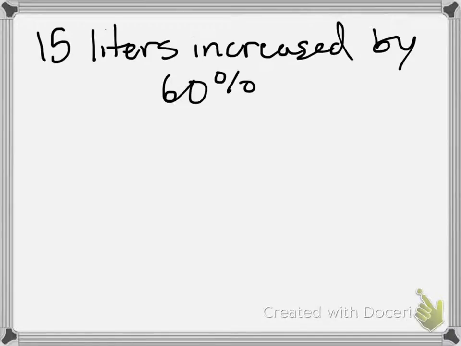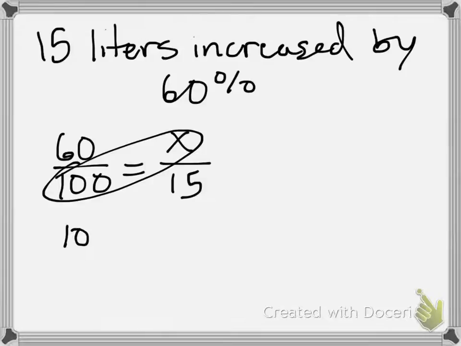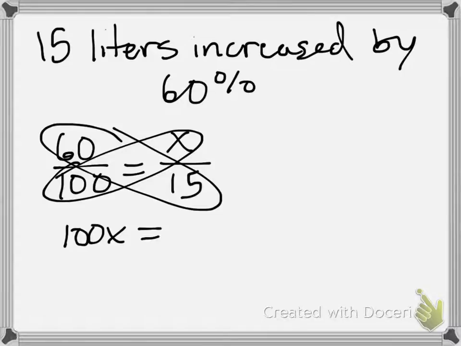Alright, hopefully you've had enough time to try that one. So 15 liters increased by 60%. First thing we're going to have to do is find 60% of 15. 15 being the entire amount, we cross multiply. 100 times x is 100x, and 60 times 15 gives us 900.